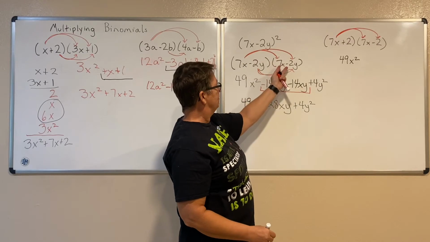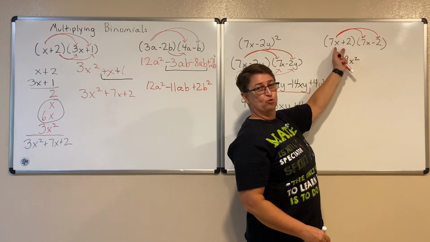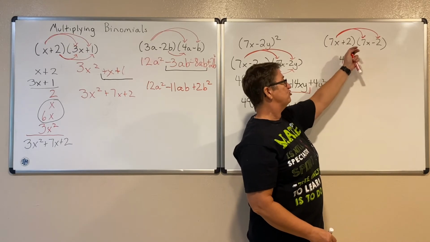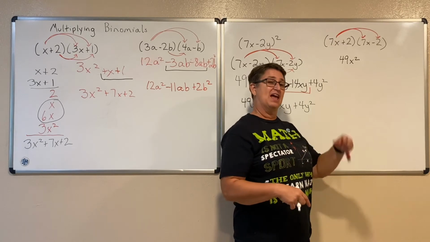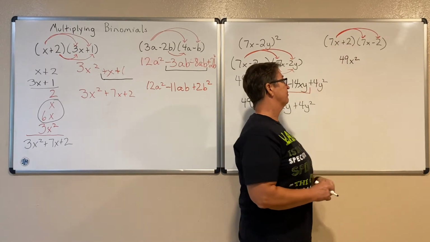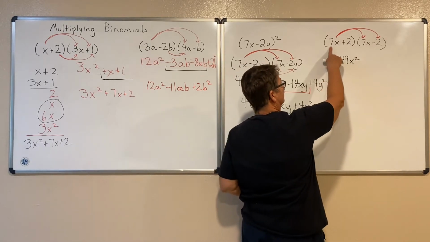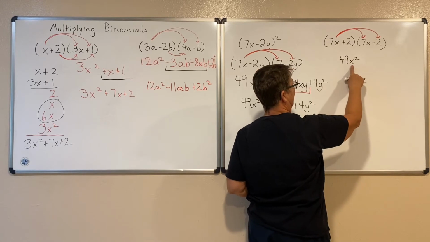This is the same as that. I cannot write this one as 7x plus 2 squared because these two are not exactly the same. In order for it to be squared, they have to be the same multiplying by themselves. These are 2 different numbers. So I've multiplied the 7x times 7x to get 49x squared.